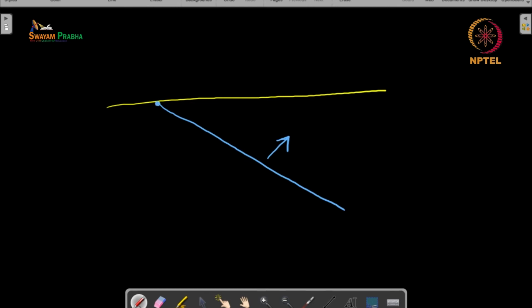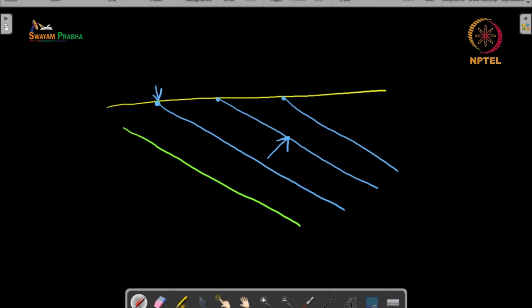So in the first instance, we have a release of energy here. Then later on, when the wave reaches like this, we have a release of energy here. Then later on, we have a release of energy here. But then the release of energy at any point is not a one-off incident, because this wave is being followed by another parallel wave, which is being followed by another parallel wave, and so on.